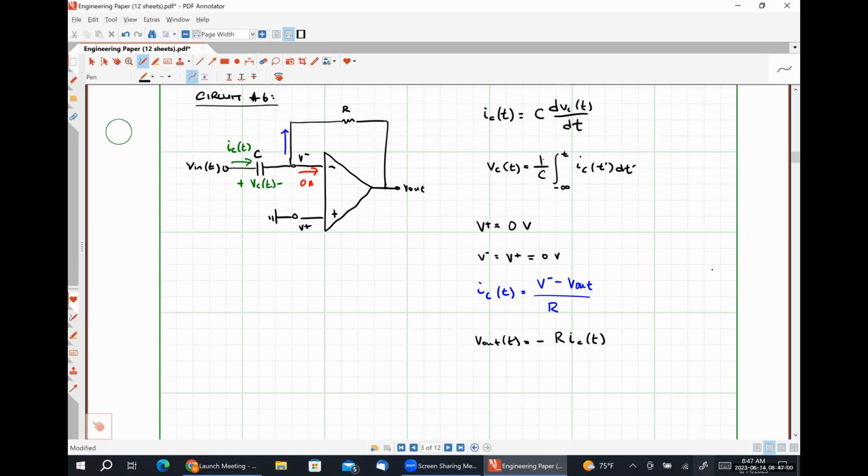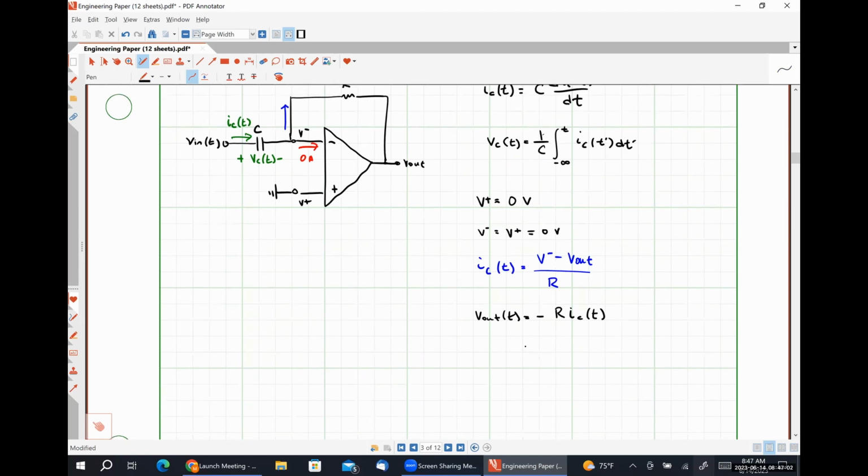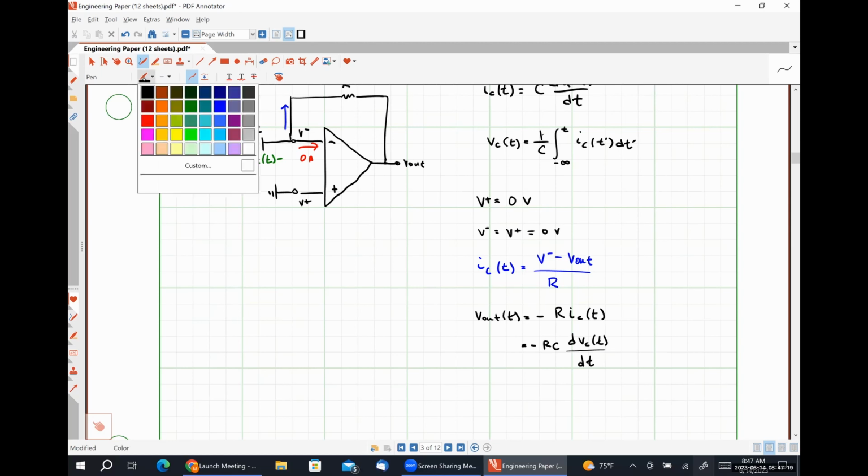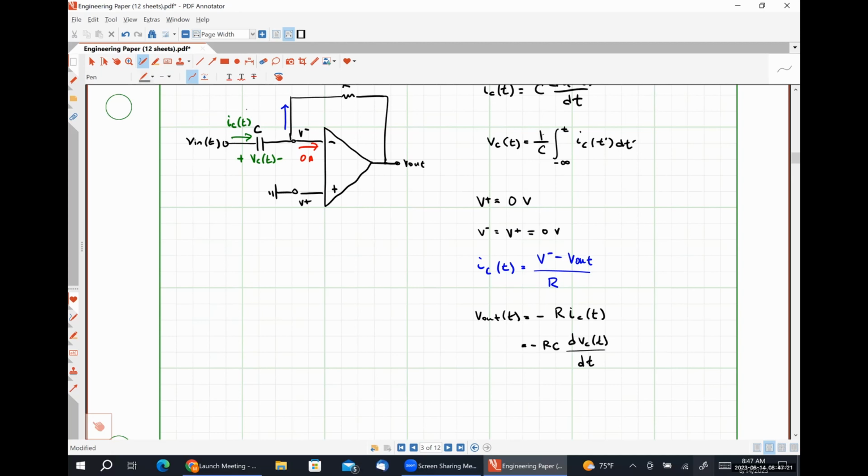Using one of my relationships from up top, I can say that then we would have negative R times C times the derivative of my capacitor voltage with respect to time. What I'm going to do here is explain, and hopefully illustrate a bit, why in this particular circuit Vin and Vc are literally the exact same things.